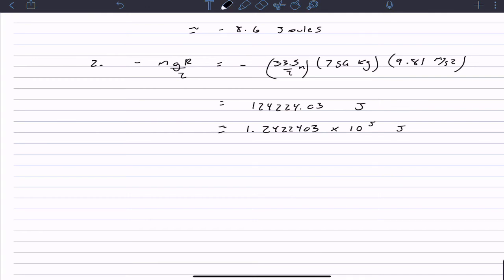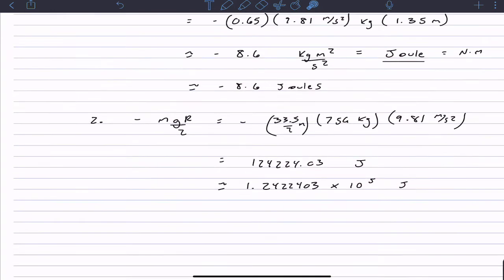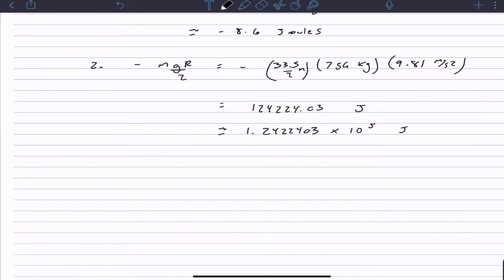That's a lot of energy, but recall, especially when you compare it to the last one, this is order of magnitude 10 to the 5 joules. When you compare it to the other one, it was just around 10 joules. And this is negative also. So why are these so different?